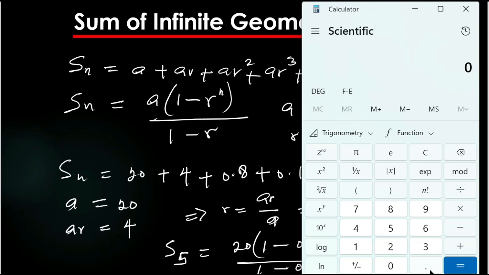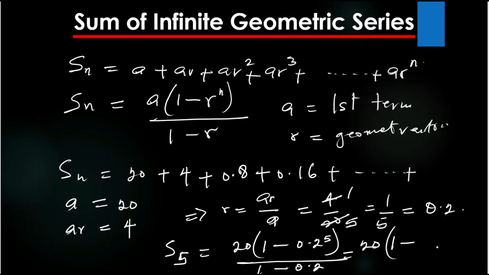So 0.2 raised to the power of 5 will be the same thing as 0.00032. That will be 1 minus 0.00032 all over 1 minus 0.2. Obviously, that's 0.8.